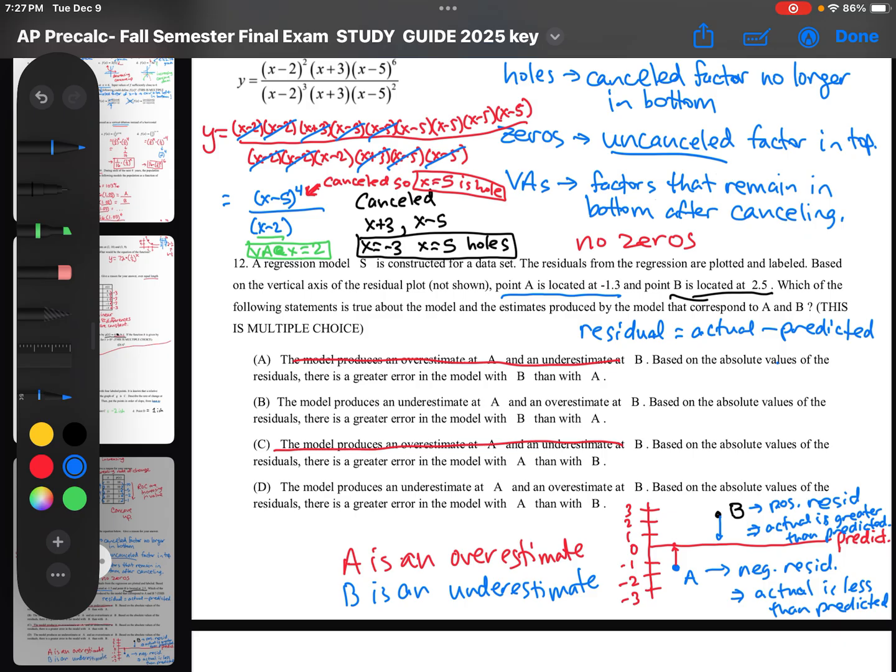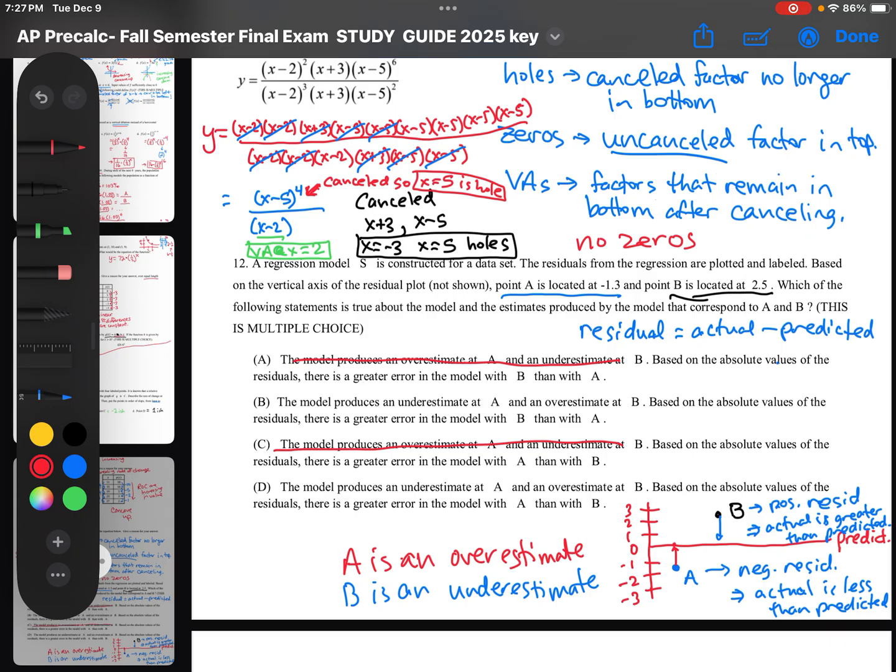Essentially, the way to think about this is, is your prediction line for the residual plot above or below the point that you're referencing? If the prediction is underneath the point that's being looked at, then that means that your model underestimated.